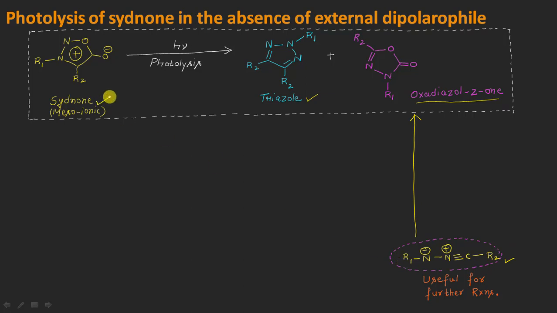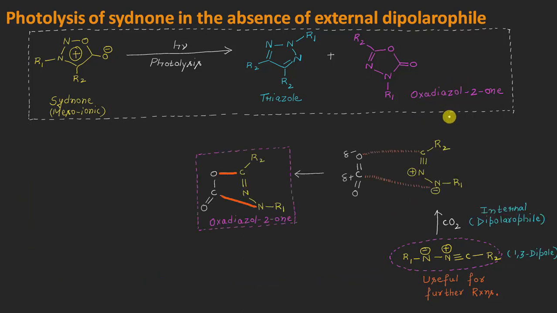From this mesoionic molecule, right? So from this mesoionic molecule we have got this type of resonating structure, which will be further used for the formation of 2 different types of products. The first one is triazole, which you can see here, and the second one is the oxadiazole 2-one, right? So first of all, let us concentrate on the synthesis of this particular molecule.